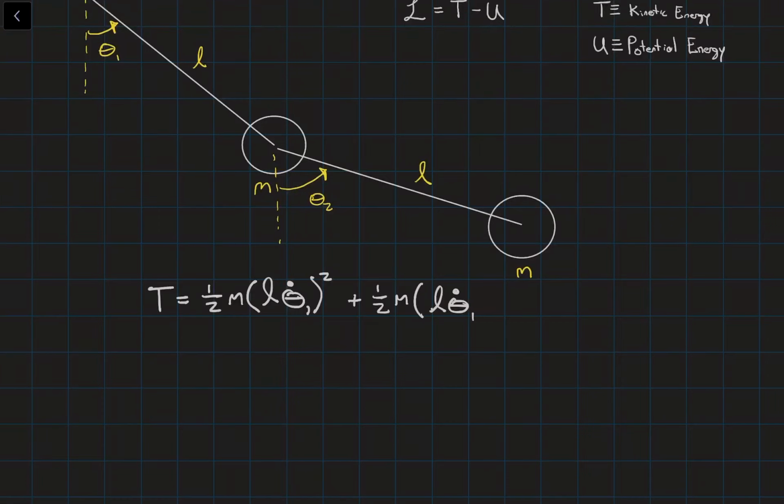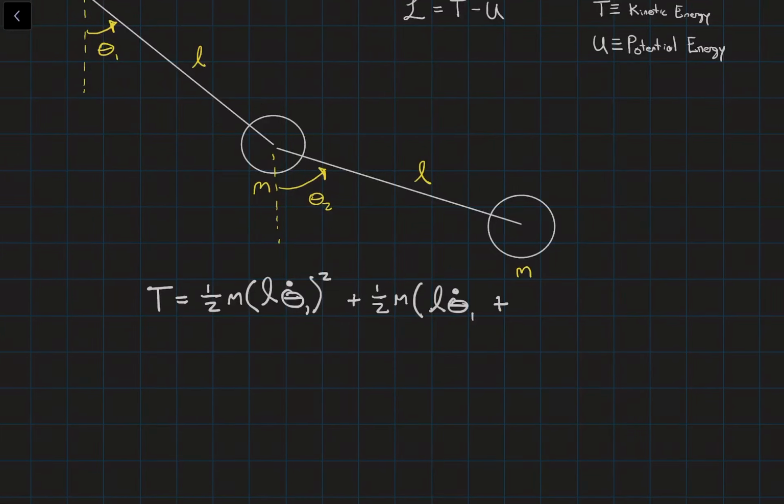L theta 1 dot, right? That's the velocity of the first mass, plus L theta 2 dot. And then this whole quantity needs to be squared, because mass 1 is going to be moving with some velocity, and then mass 2 is going to be moving with some velocity relative to mass 1.